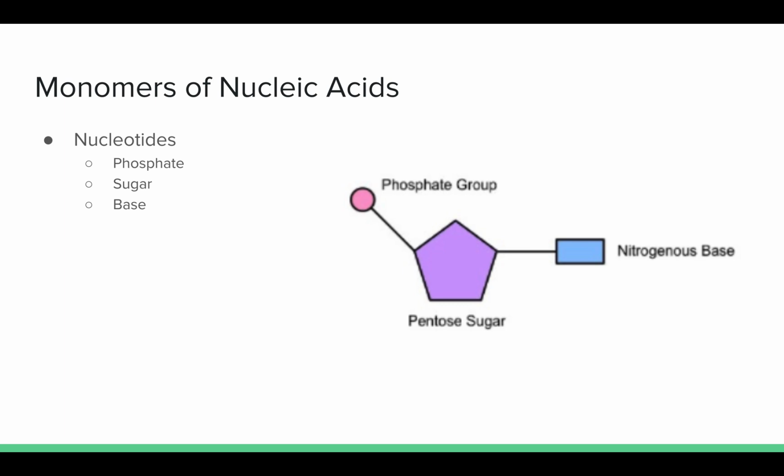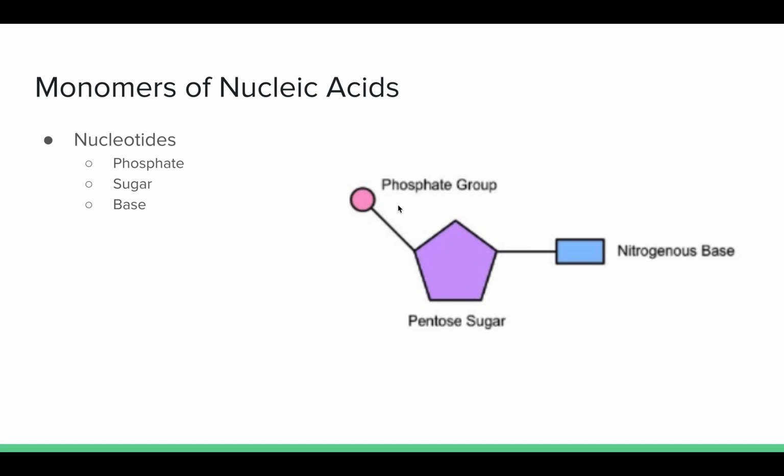We'll start off by talking about what the monomers of nucleic acids are. A nucleic acid is made out of a nucleotide. We're going to spend a really long time next semester talking about nucleotides and what they are and what happens when you have a bunch of them. What you need to know is that nucleotides are made out of a phosphate group, a sugar, and a base.